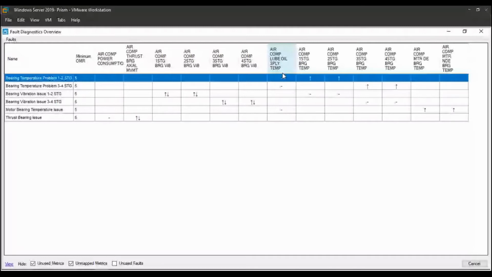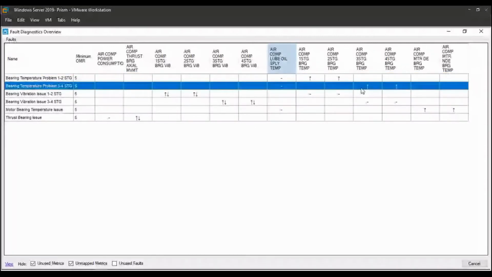So when the bearing temperature increases and at the same time the lube oil supply temperature is constant, this relationship is coded as a bearing temperature problem for the first and second stage. And the same kind of relationship for different bearing temperature sensors is coded as bearing temperature problem for the third and fourth stage.